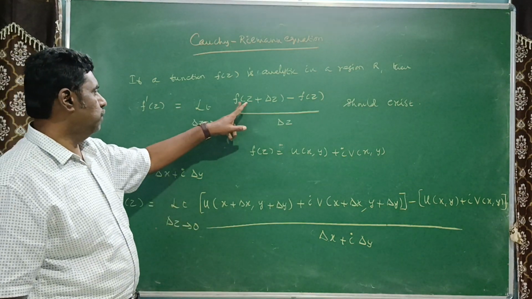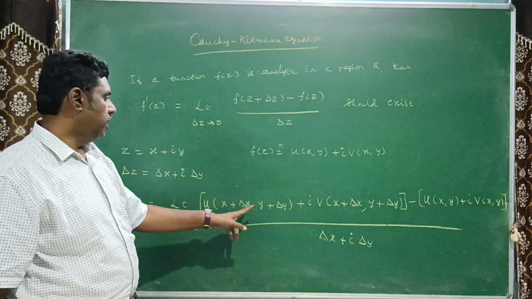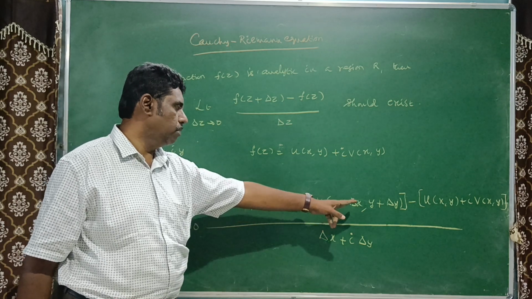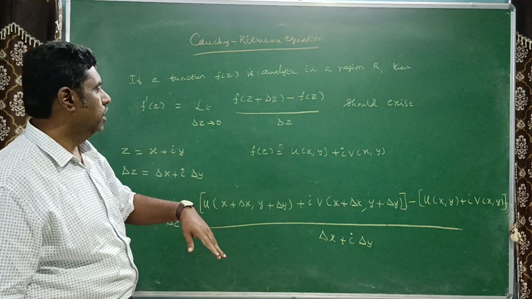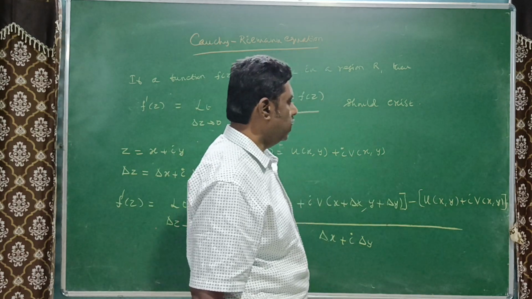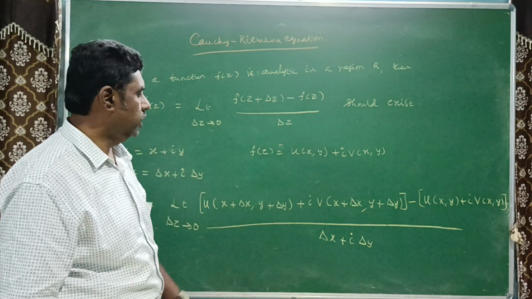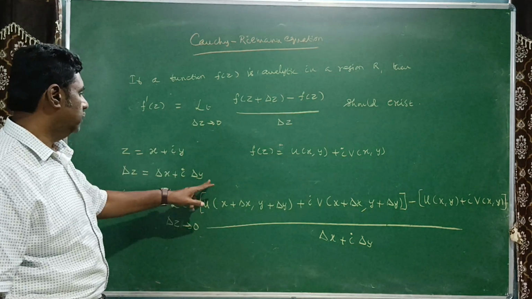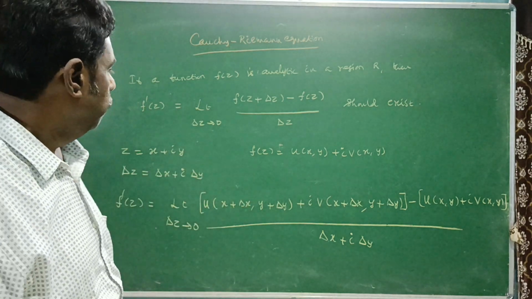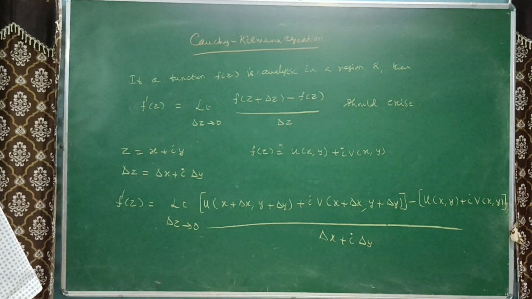Instead of f(z + Δz), we can write u(x + Δx, y + Δy) + i v(x + Δx, y + Δy) minus f(z), where f(z) is u(x, y) + i v(x, y), whole divided by Δz, which is equal to Δx + iΔy. With the help of this equation, we have to get two conditions for f'(z).